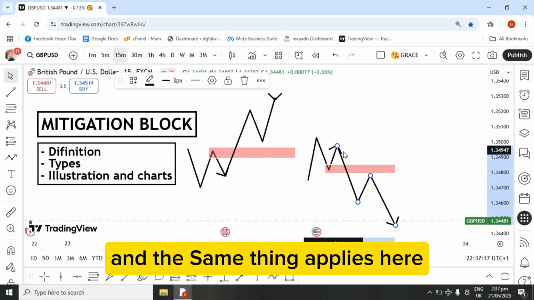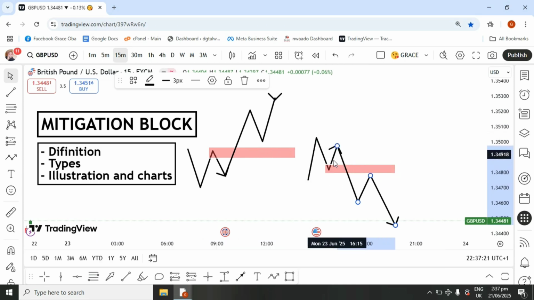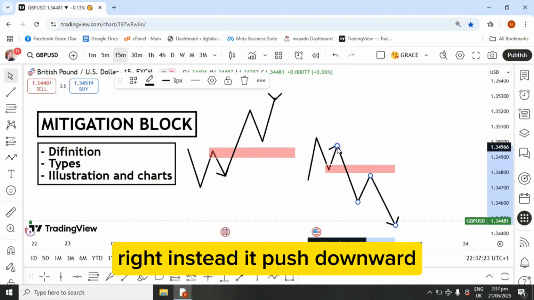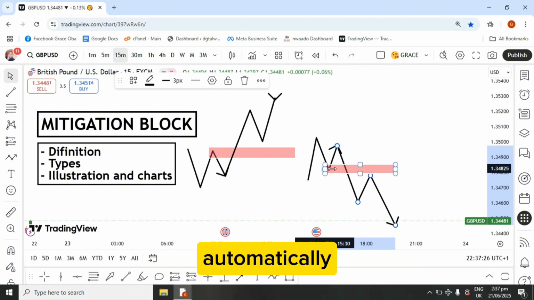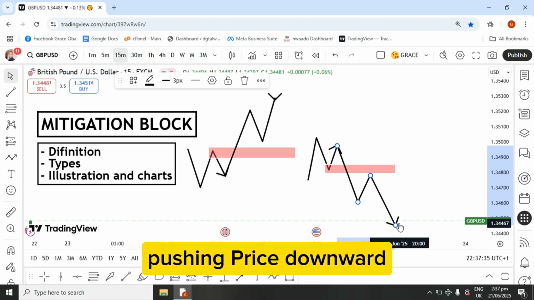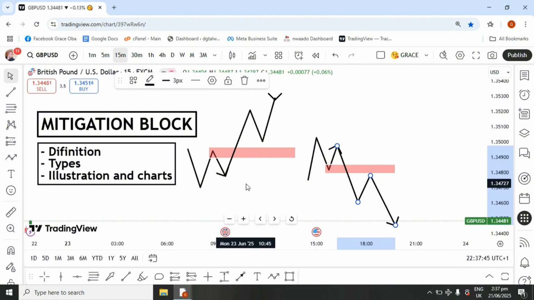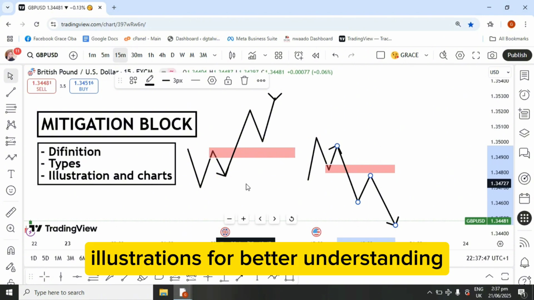And the same thing applies here, whereby it fails to take off this high. Instead it pushed downward, automatically making this a mitigation block and starting to serve as a resistance level, pushing price downward. So let's go to the chart to show you illustrations for better understanding.